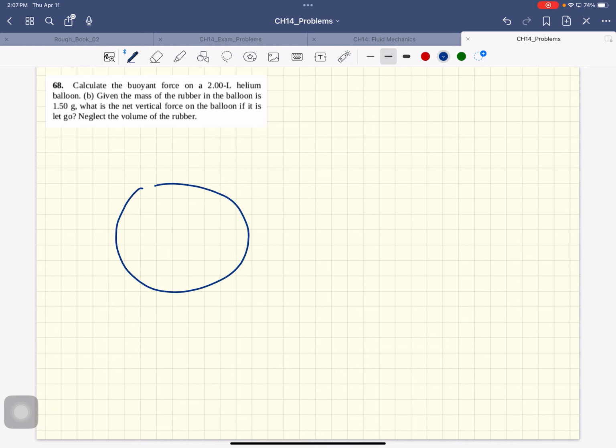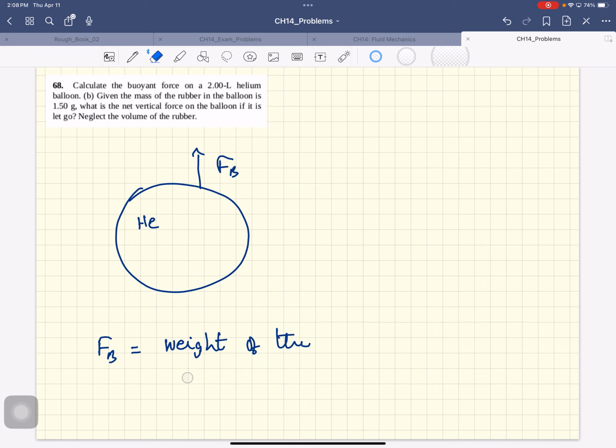So here's a balloon. It's got helium in it, and we want to calculate the buoyant force. The buoyant force is equal to the weight of the displaced fluid. What fluid was displaced?